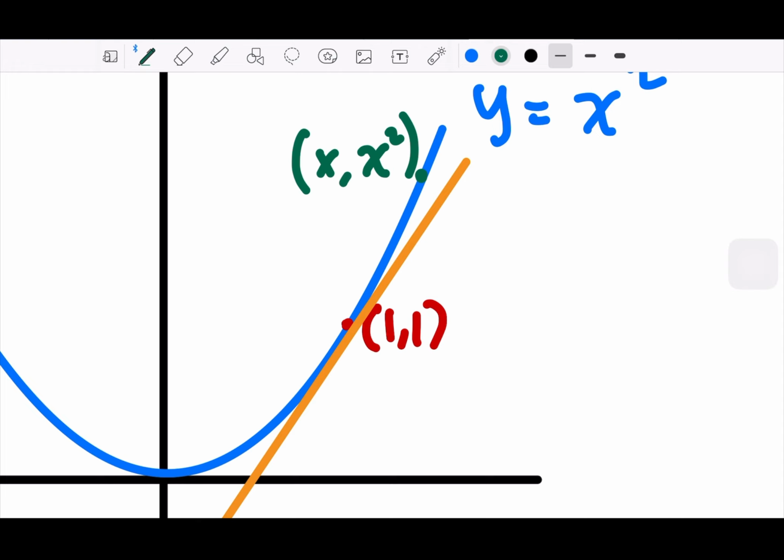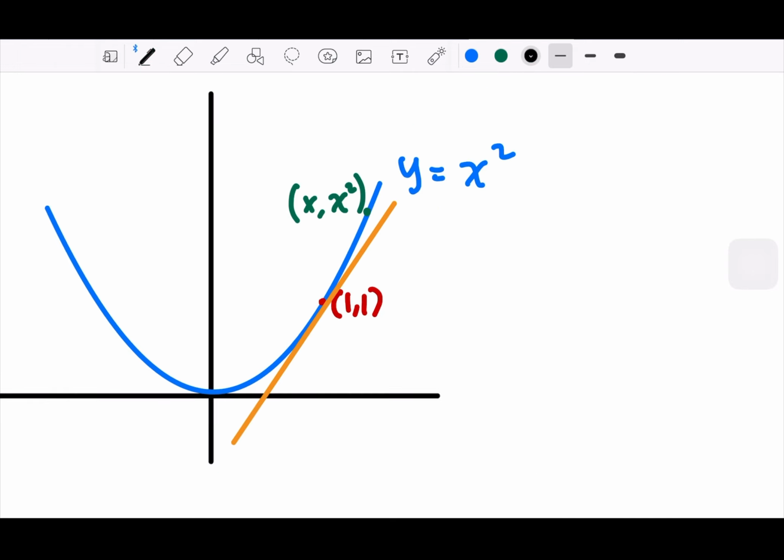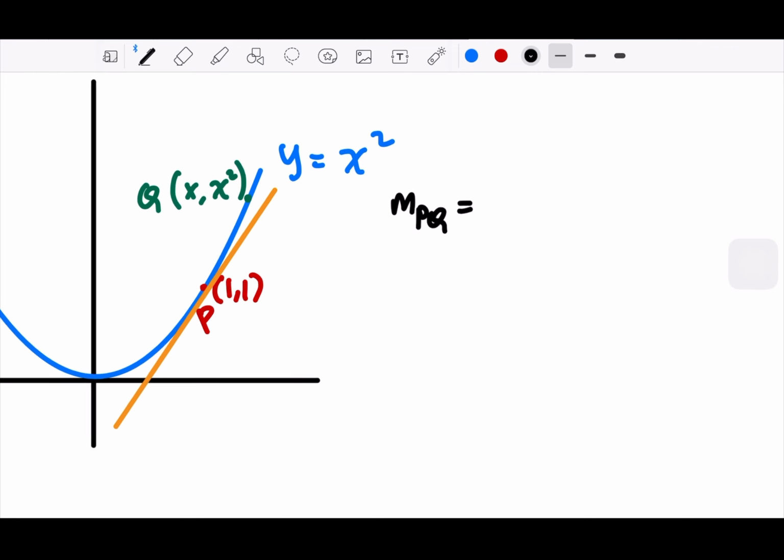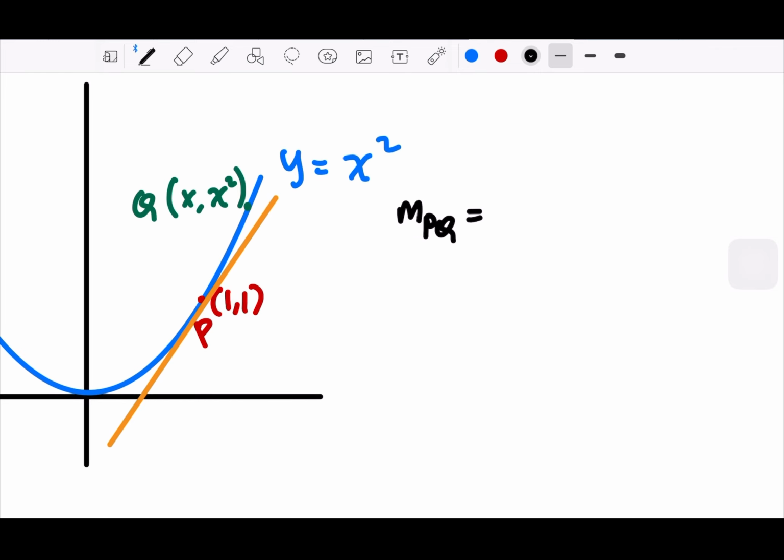Now, if I draw a line connecting the red point and the green point, I can calculate the slope. Let's say this is Q and this is P, so we have the slope of PQ. For the slope of PQ, we can use this triangle here.